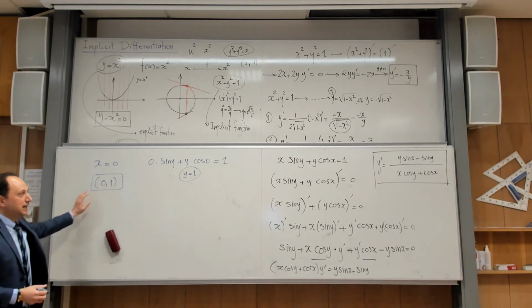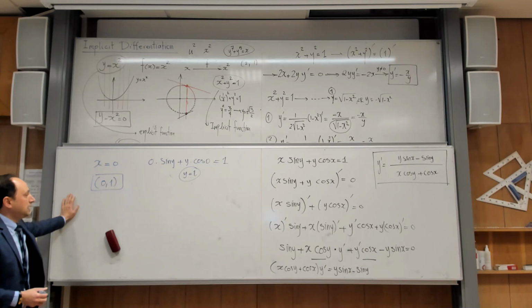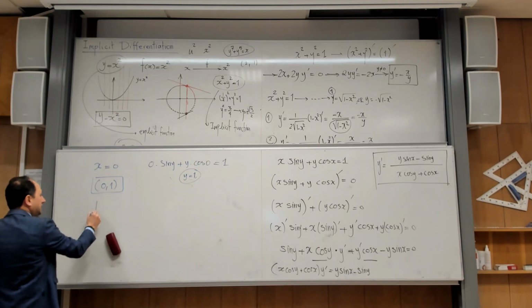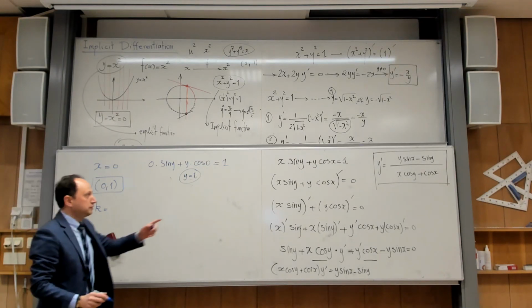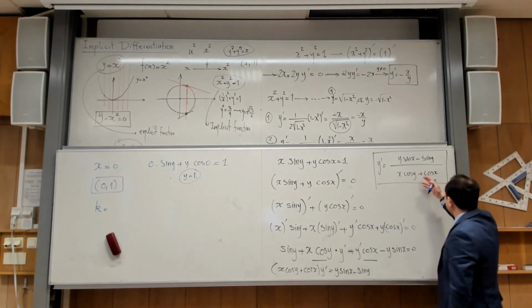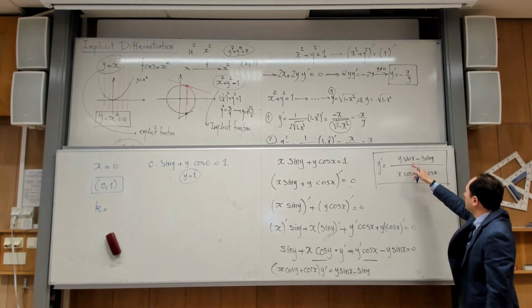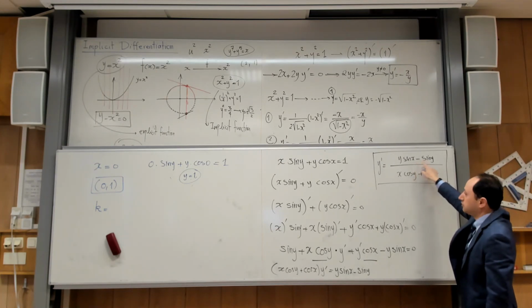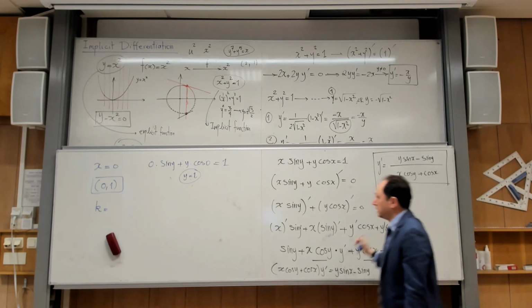How can I calculate the k value? For calculating the k value, I have to refer to the derivative. In the derivative, I replace x with 0 and y with 1, and put it here.